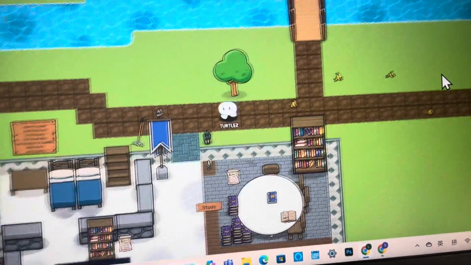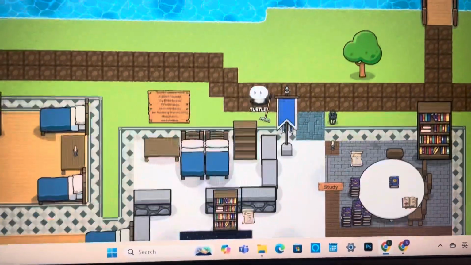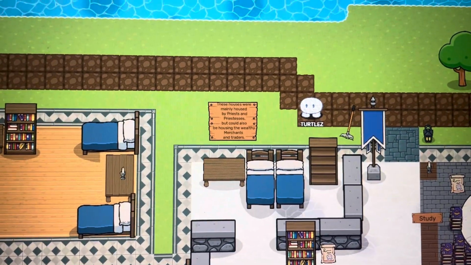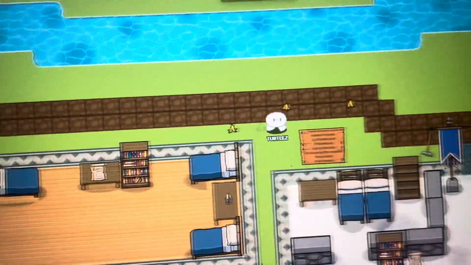Over here were upper class houses, and these houses were mainly filled by priests and priestesses, but could also be housing the wealthy merchants and traders.